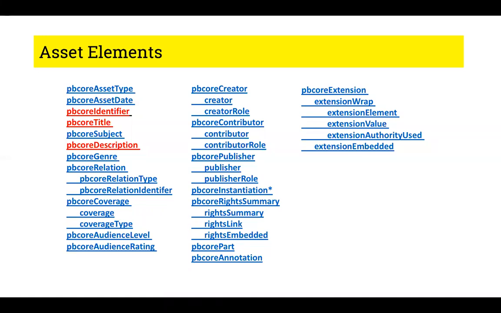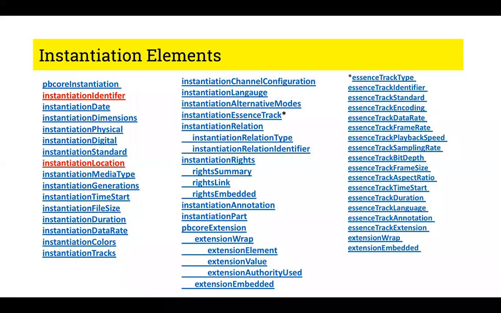So there can be multiple instantiations contained within the same asset. And at the instantiation level, you'll see we track different data about the instantiations than we do at the asset.